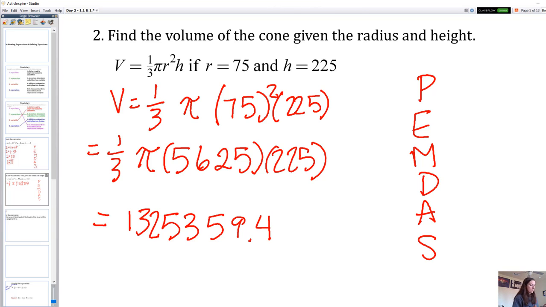Let's round to the 10th here. So let's go ahead and add those commas so we know exactly what number this is. We've got 1,325,359.4. And since our equation doesn't give us any units, for example, if it gave us inches, for volume we would put inches cubed, but this one doesn't have any units, so I'm just going to put the letter U for units, cubed. And that's our final answer.